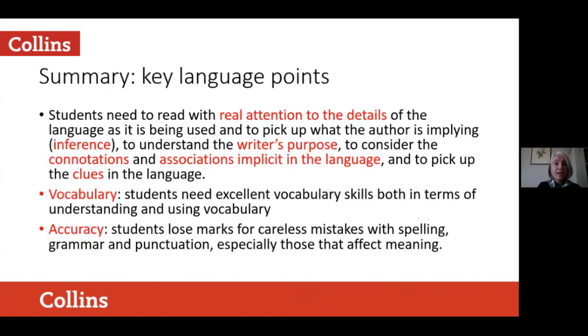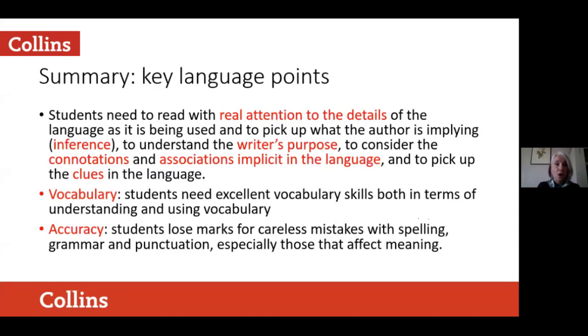So these are the 3 summaries of the key language points. To get that A or A star, students need to read with real attention to the details of the language, to understand the author's inference and the writer's purpose, to consider the connotations and associations implicit in the language, and to make sure they understand the clues that the author is giving them through his or her choice of vocabulary.